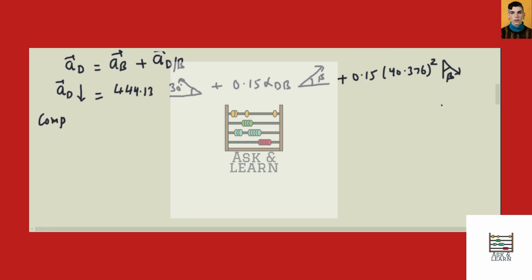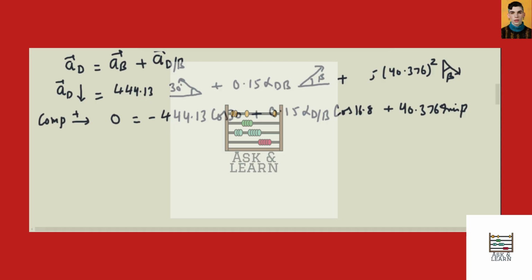So component of this in this direction should be taken positive: 0 equals minus 444.13 cos of 30 plus 0.15 alpha BD cos of 16.8 plus, on solving this, it is sine of beta.